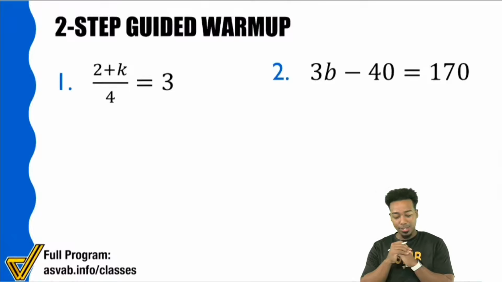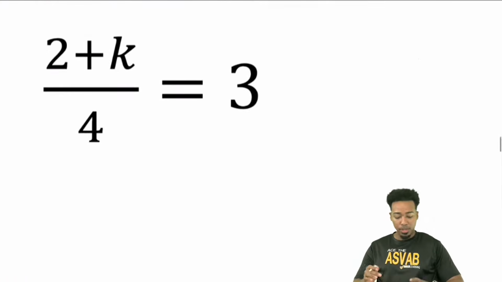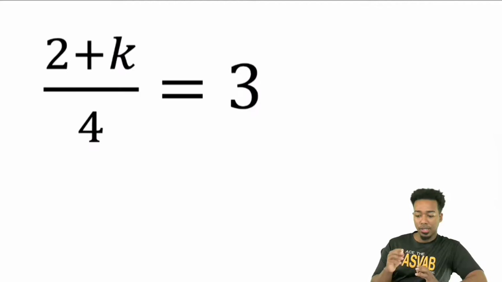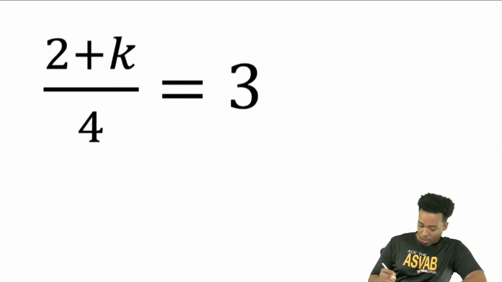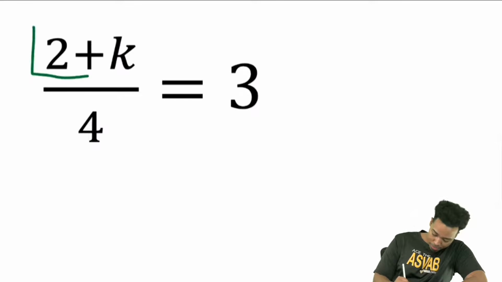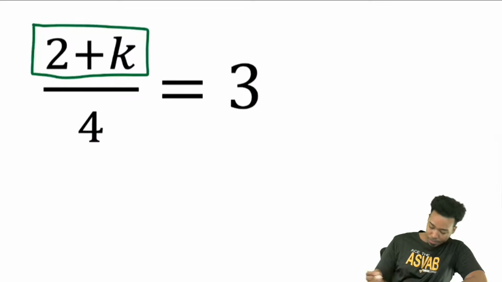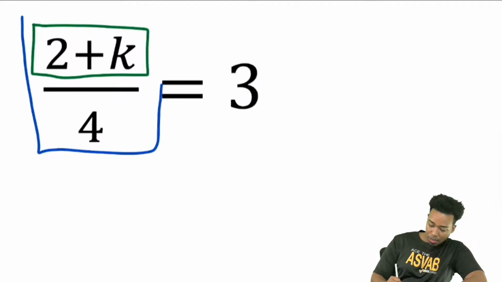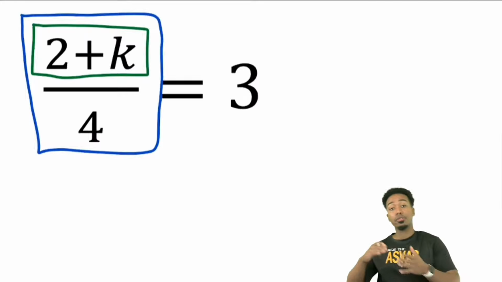So getting into these, the 2 steps here. Number 1, I hope you can see that we have 2 plus k, and all of that is being divided by 4. So this helps me outline the steps going forward.